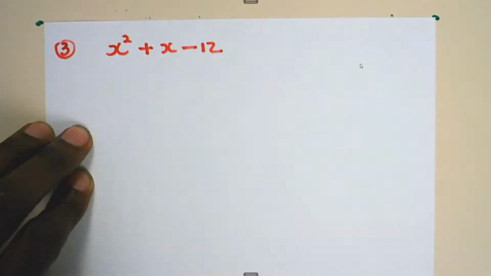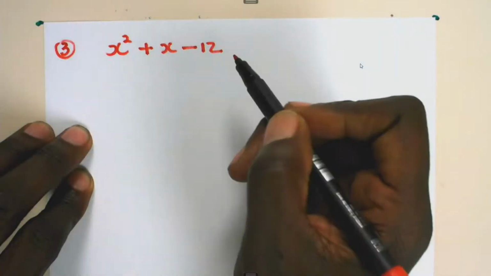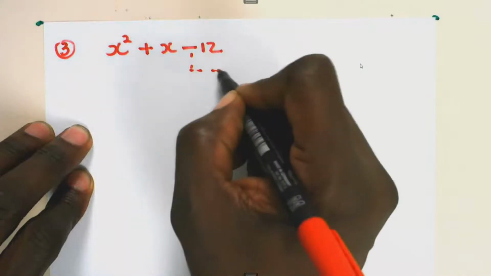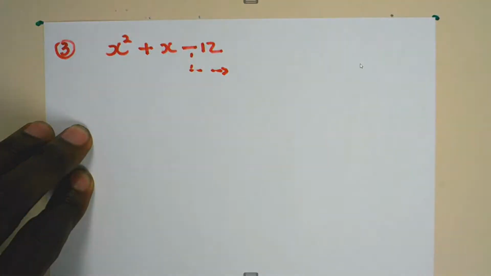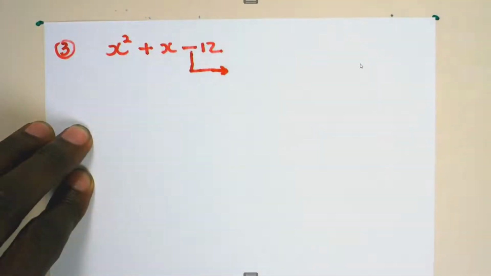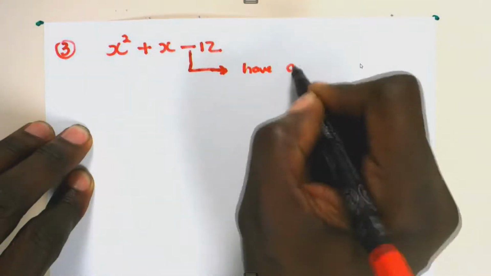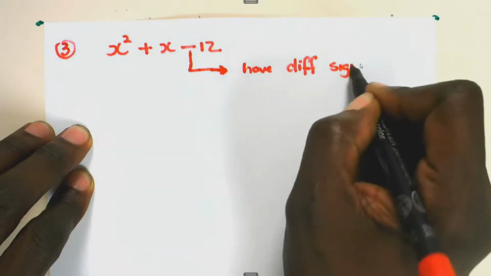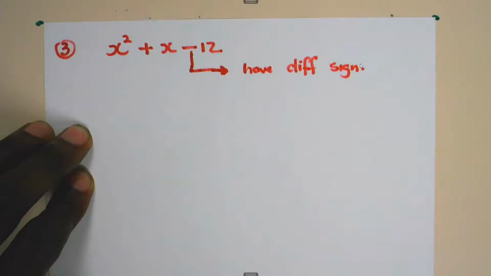What must be multiplied so that you can get the product as 12? This sign means different signs. This sign now is showing that the factors of 12 have different signs.